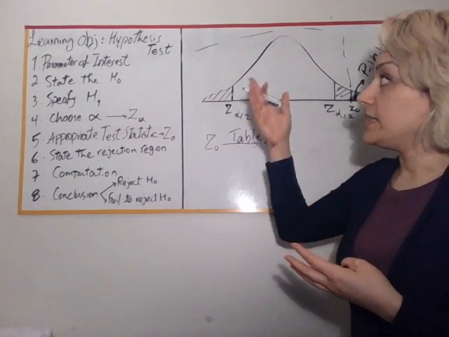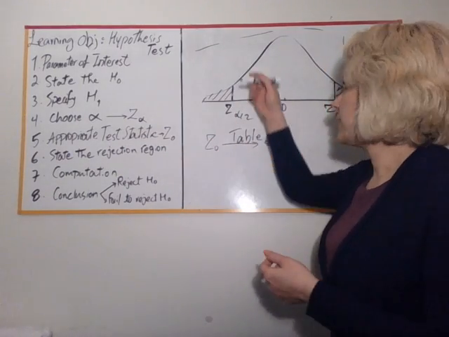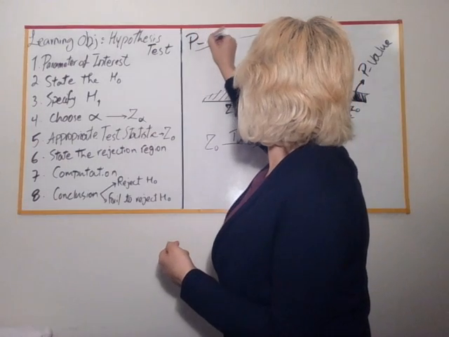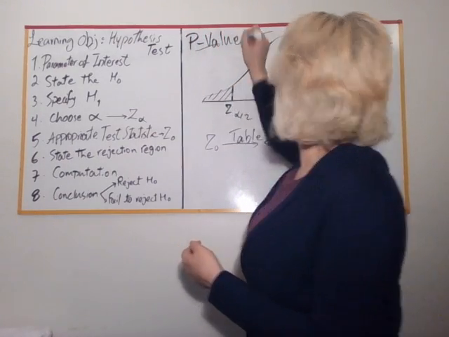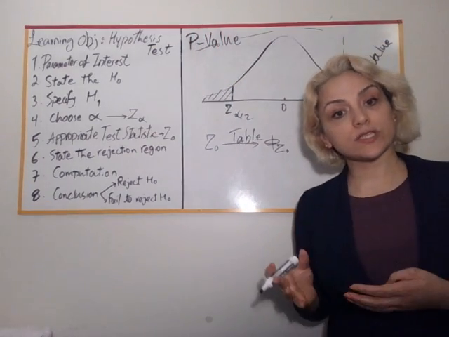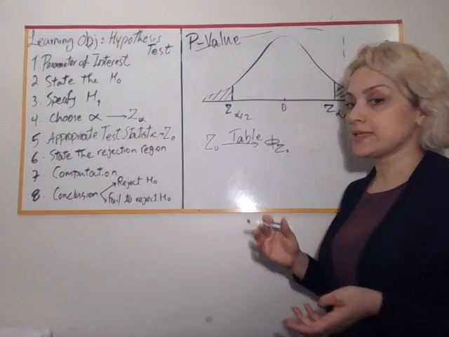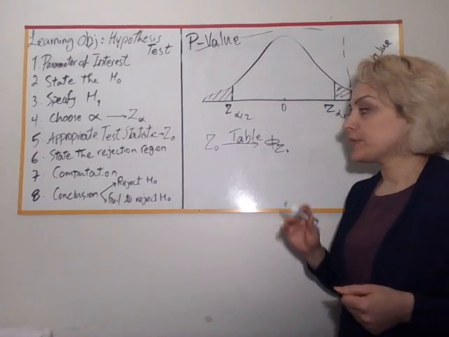It's for the hypothesis test that we have learned. I'm going to write down here how we calculate the p-value. We will see it for a two-sided test and a one-sided test. For a two-sided test, for this Z null, I need to find its equivalent on the other side, and sum them together to get the p-value.